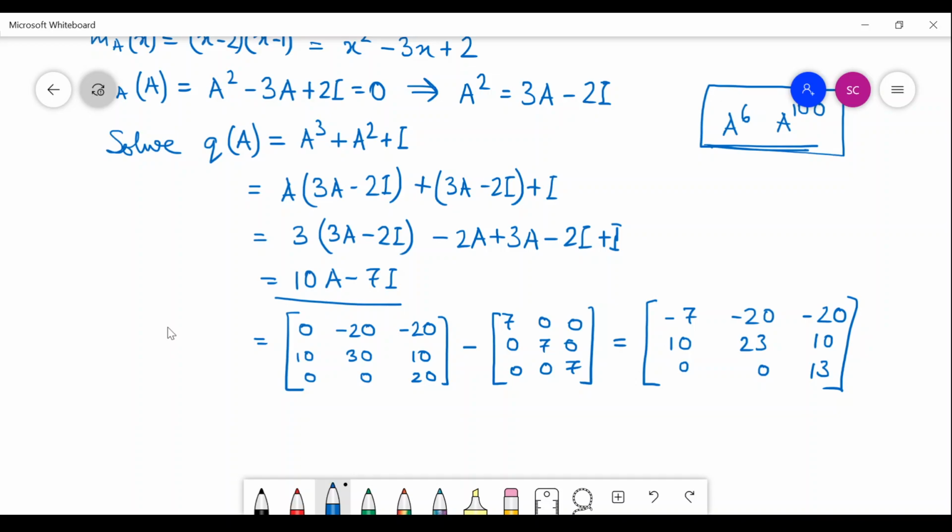Then the idea of this minimal polynomial will also play an important part in determining basically the size of the Jordan blocks. Okay, so with this I end the discussion.